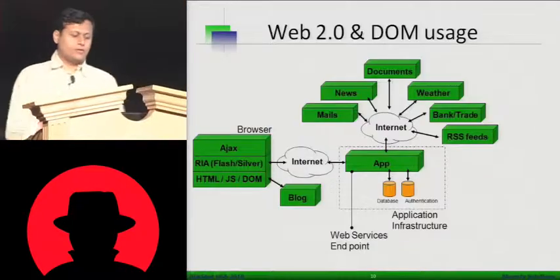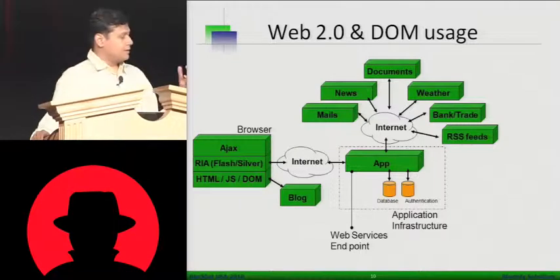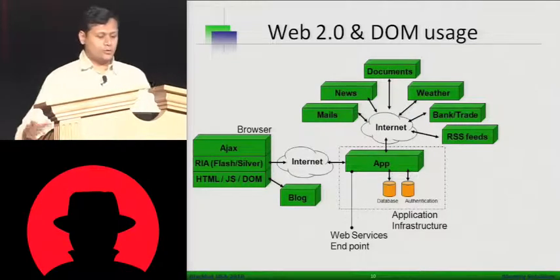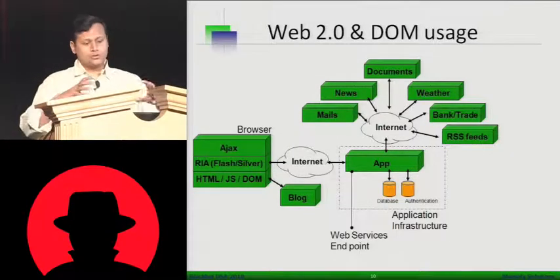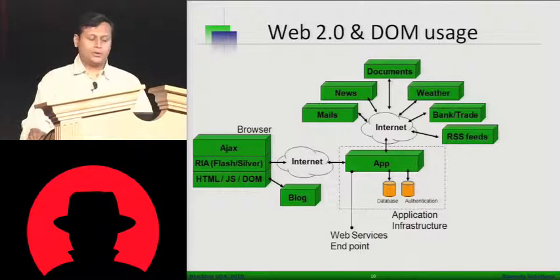If we look at the Web 2.0 application in detail, you have the browsers, where you have Ajax. You have RIA, that is Flash and Silverlight, running there. You have HTML, JS, DOM, etc. The whole browser, be it any browser you take, is running with various different components in a pretty rich scenario.